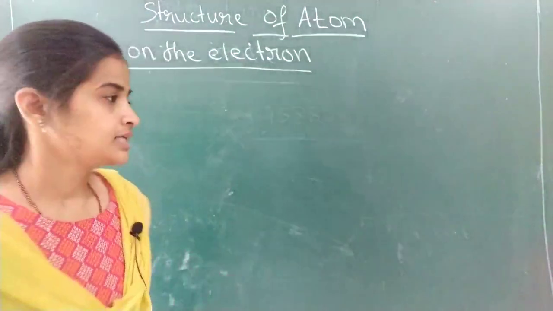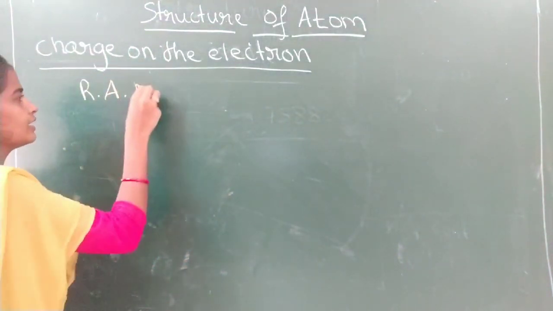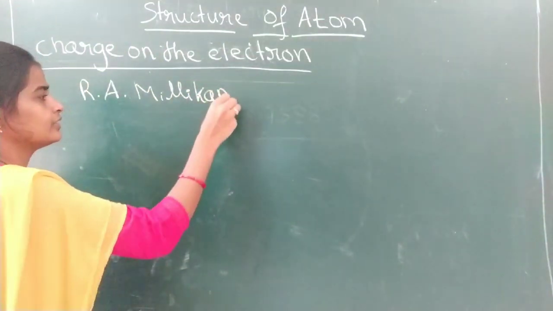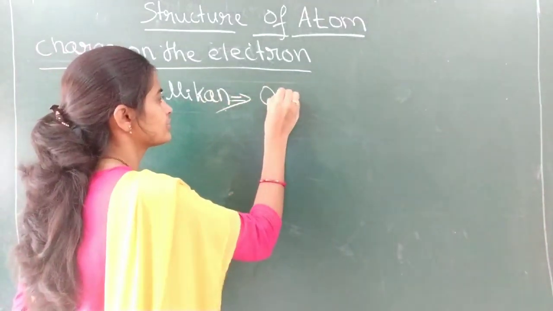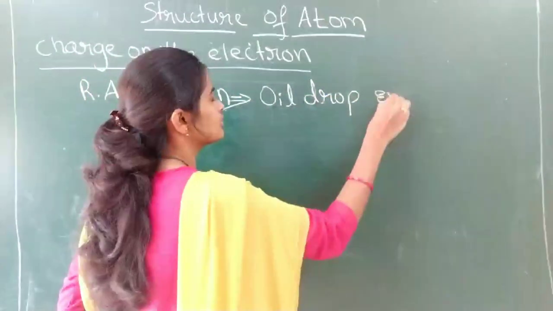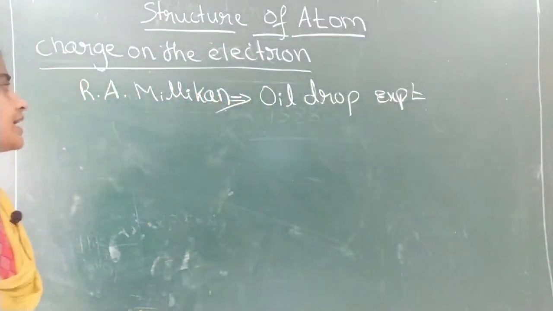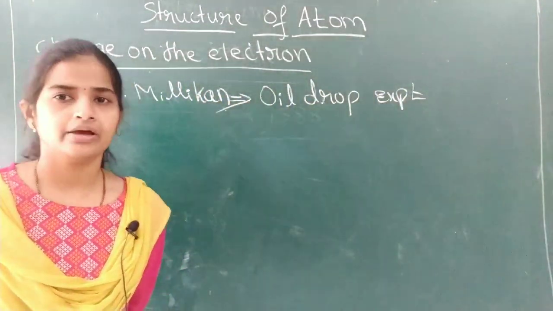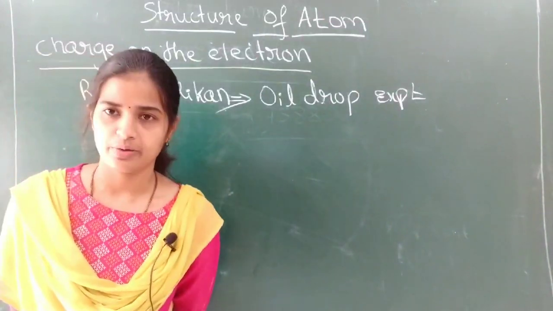Now, charge of the electron. Scientist R.A. Millikan performed an experiment known as the oil drop experiment. It is well known as Millikan's oil drop experiment.